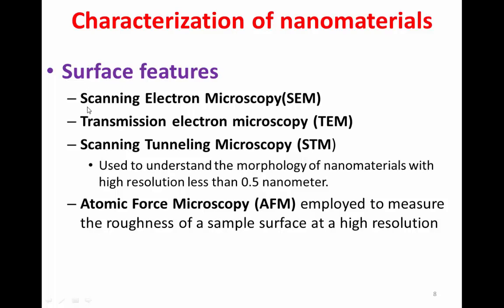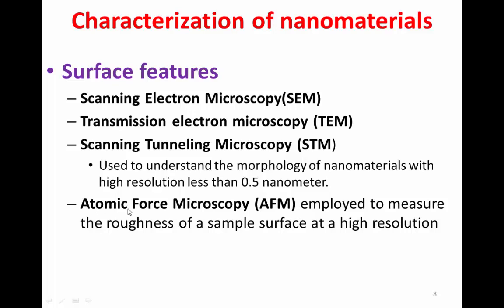These techniques are scanning electron microscopy, transmission electron microscopy or scanning tunneling microscopy. All these techniques are employed to understand the morphology of the nanomaterials, and they have very high resolution. We can see the material of even 0.5 nanometer very clearly.